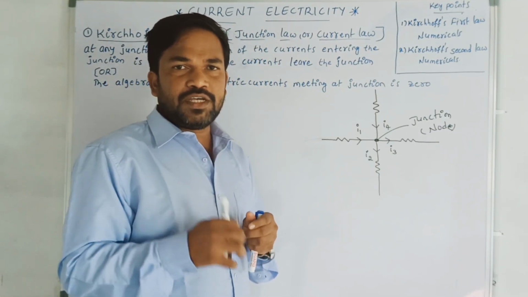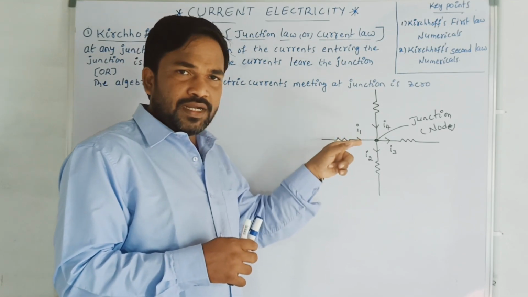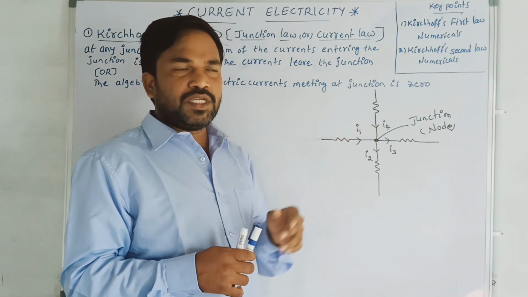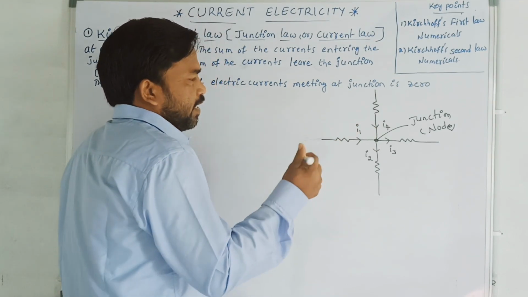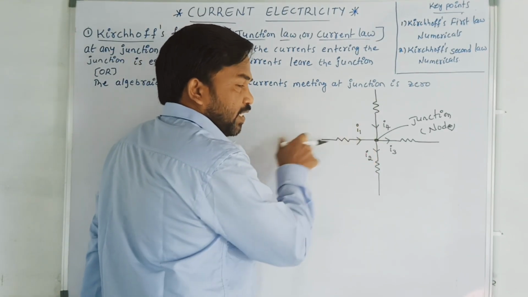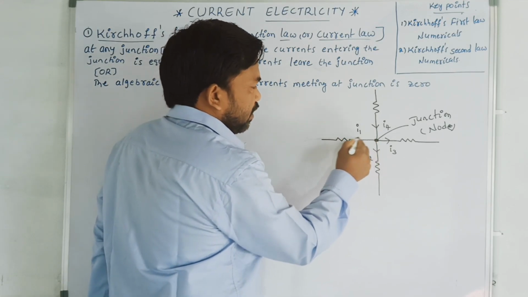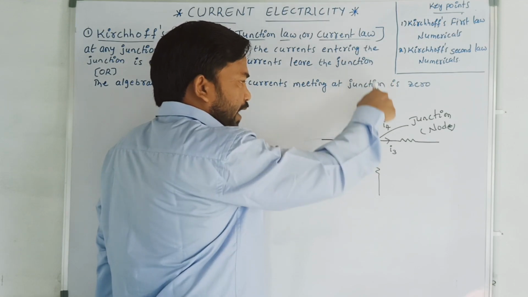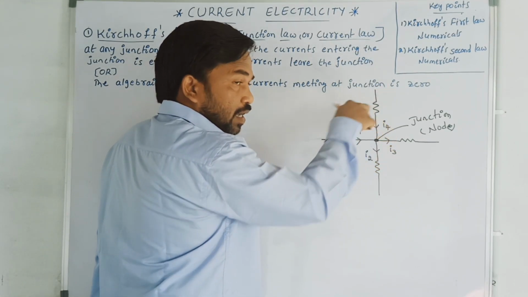Now, according to Kirchhoff's first law, the sum of the currents entering the junction is equal to the sum of the currents leaving the junction. Observe here, what are the currents entering the junction? I1 is a current approaching the junction, and I4 is a current approaching the junction.